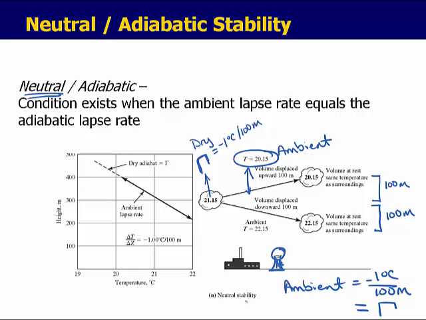In this case, we would say that the atmosphere is neutral. What this means is that this dry parcel of air is the exact same temperature, 20.15, as the adjacent atmosphere. And so relative to the adjacent atmosphere, it has equal probability of moving up or down into its surroundings.